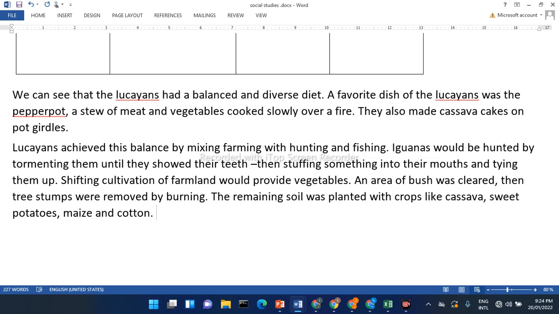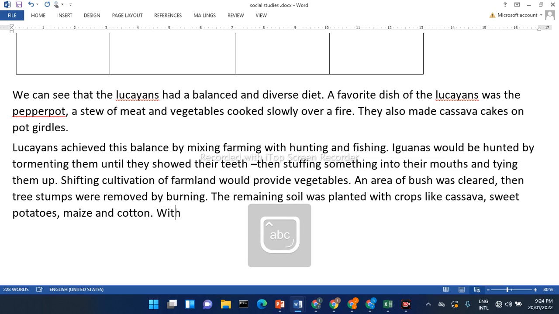Now, what's gonna happen as time progresses? The soil that they have is going to become infertile, and so what they do is that they would move on to another area.